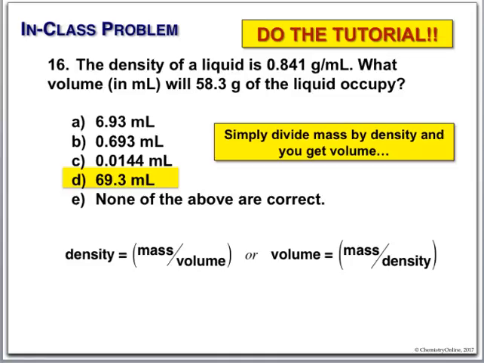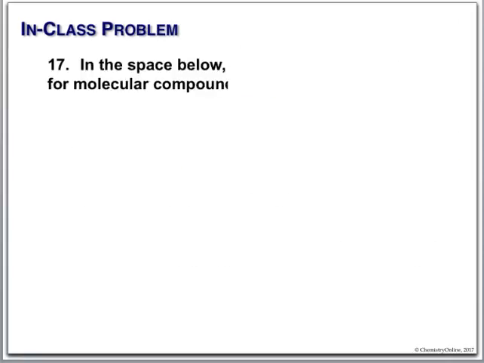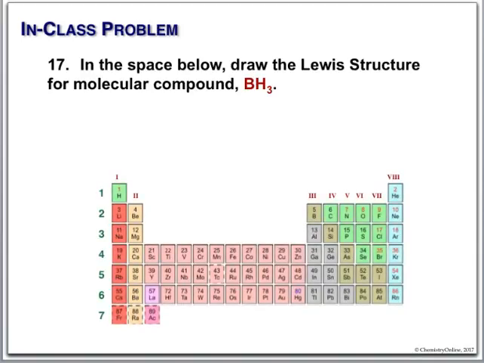Now the next question asks you to do a Lewis structure. We're going to do boron trihydride. Remember, when we do a Lewis structure, first thing we do is find the elements in our periodic table. Boron is here in group 3.